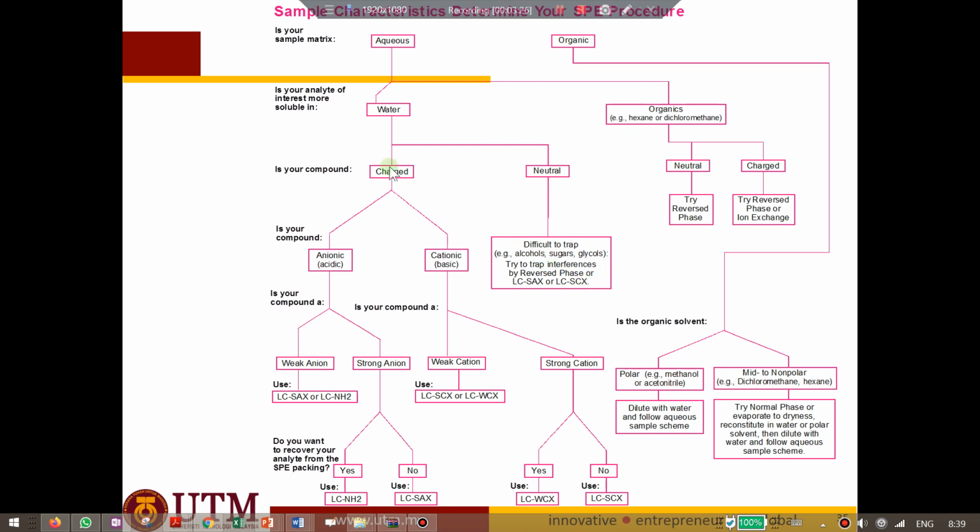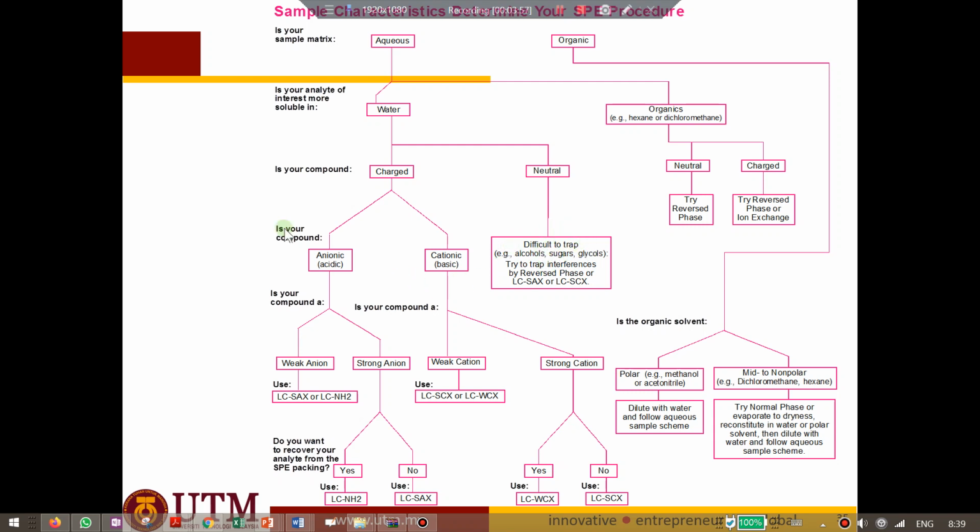If it's totally non polar, it's not really used if your analyte is soluble in water. Why? If your SPE is the reverse phase, the solid particle is non-polar, so the neutral compound, which is the polar one, will not interact with the reverse phase, so it will just elute. So I think the best one here is the normal phase.